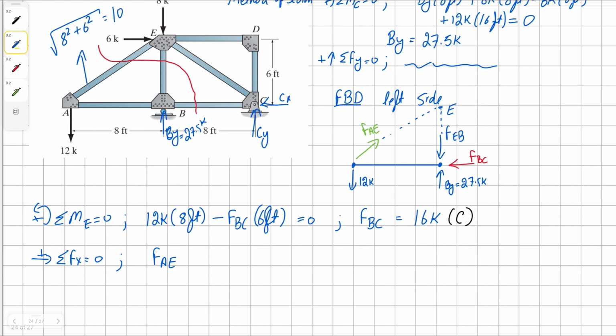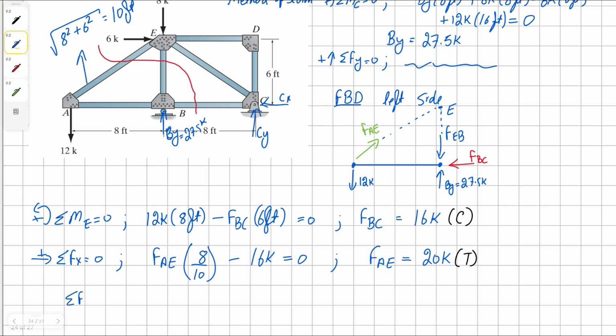Solving this, we get 10 feet as our solution. Therefore, it's going to be 8 by 10. And then we're going to have negative force BC, which is 16K, all equals to 0. And finally, we get our solution for AE as 20K. And this member is in tension.